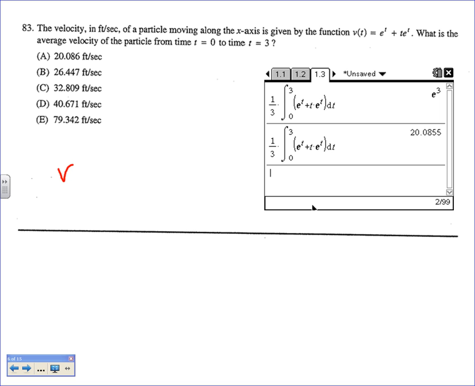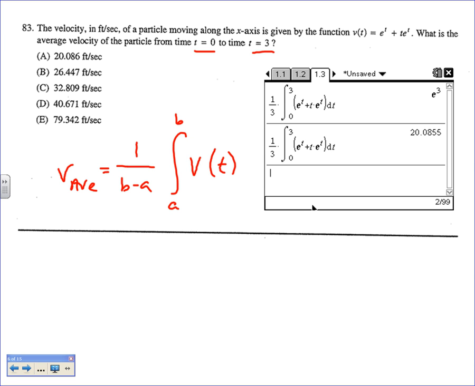We want the average velocity, and that's going to be 1 over b minus a times the integral from a to b of our velocity function. In this particular case, our start and our stop are 0 and 3.